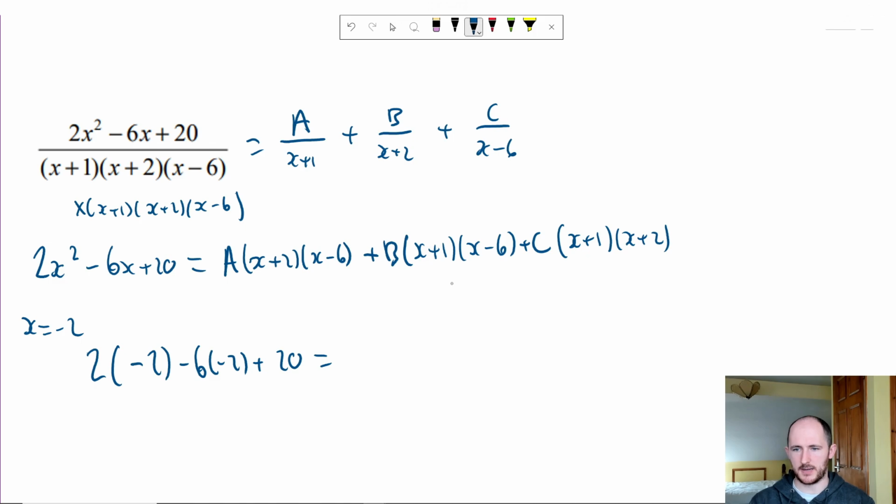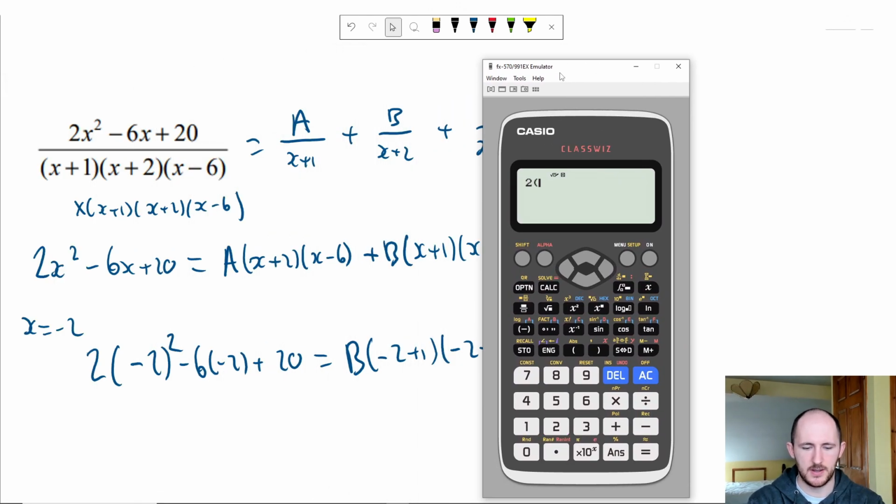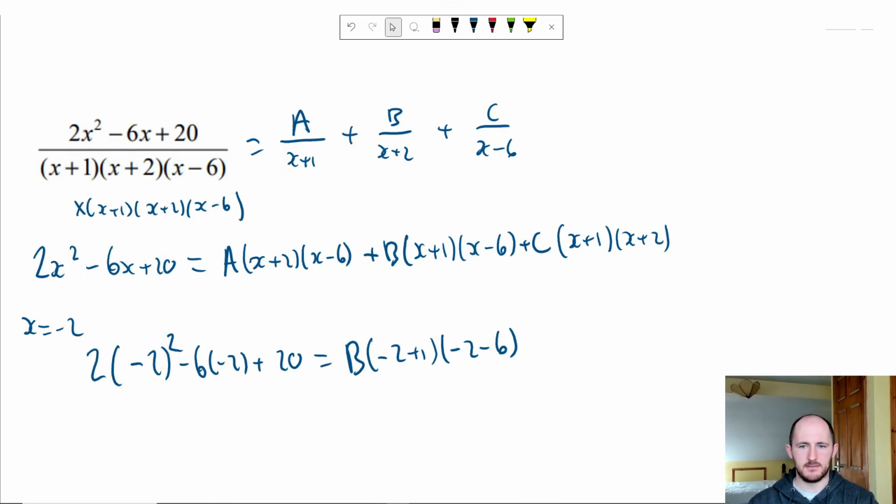It's just B that we're looking at. So B with minus 2 plus 1, minus 2 minus 6. So, see already I forgot the squared over there, that was quick. So, using our calculator, we have 2 times minus 2 squared, minus 6 times minus 2, plus 20. So that's 40. Again, no risks at all.